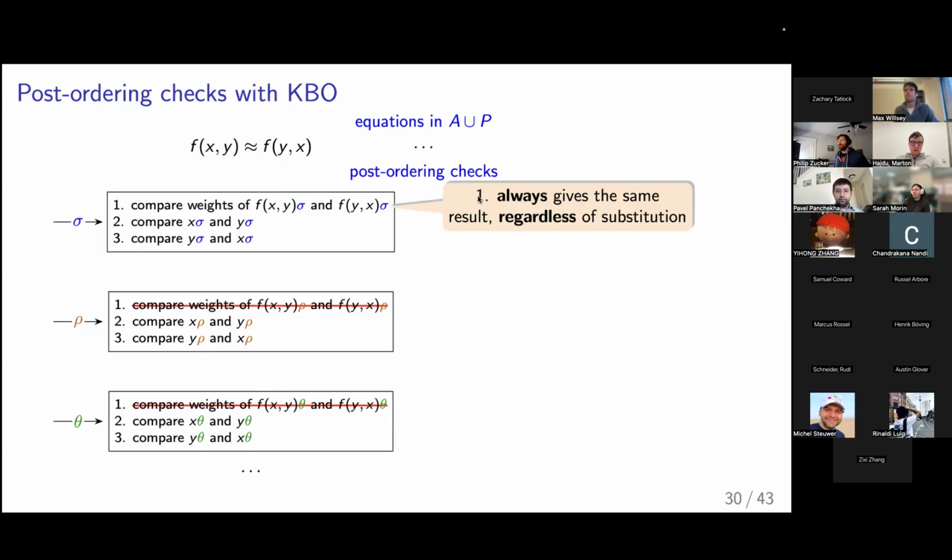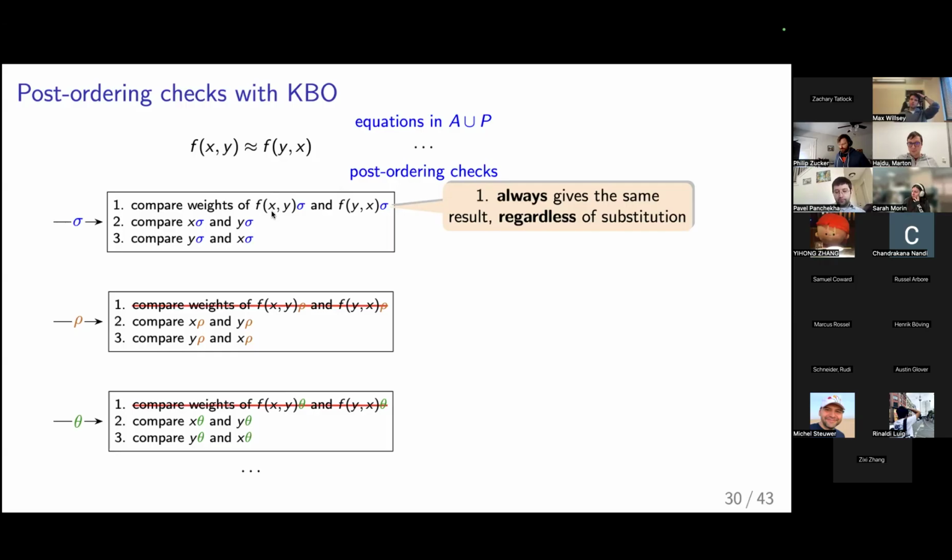Yes. So I'll try to quickly summarize how we compute the weights. If you instantiate these two things, we take all occurrences of each symbol inside the term, and all these symbols have a corresponding weight, which is given by some weight function in KBO, and we just multiply the number of occurrences with the weight, and then add these all up.